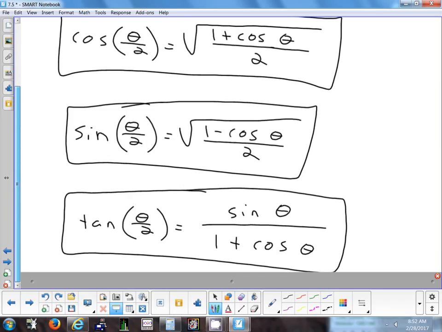Any questions on those formulas? They're not always the neatest formulas to work with because you can end up with square roots inside of square roots, and you got to figure out a way to fix that. That doesn't look like it would happen as much with tangent theta over 2 because you don't have square roots in it.